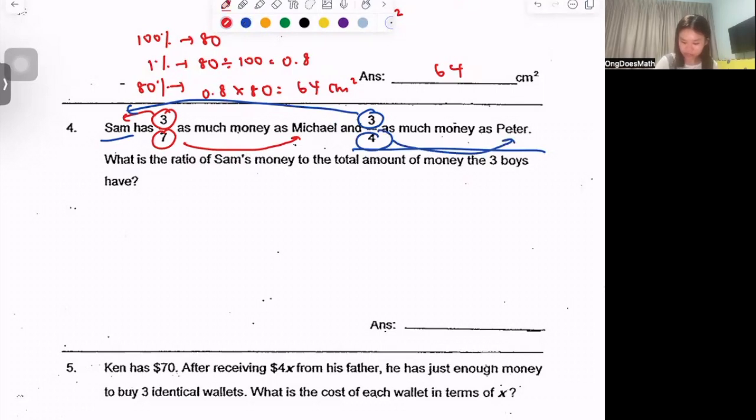So we've got 3 characters: Sam, Michael, and Peter. The first fraction tells you Sam has 3, Michael has 7. And the second fraction tells you that Sam has 3, while Peter has 4.